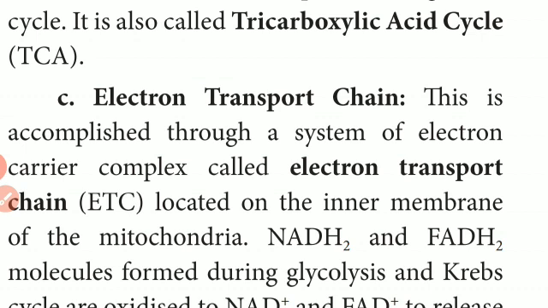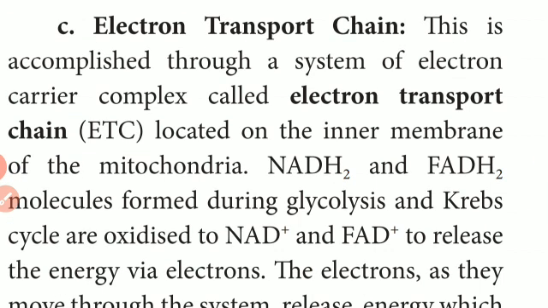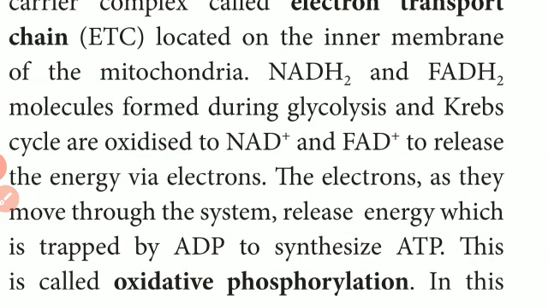So what is happening in the electron transport chain? NADH2 and FADH2 are molecules formed during glycolysis and the Krebs cycle, where pyruvic acid is produced and oxidized. So NADH2 becomes NAD plus, and FADH2 is oxidized and becomes FAD plus, and they release the energy as electrons. The electrons move through the system and release energy, which is used by ADP to synthesize ATP.